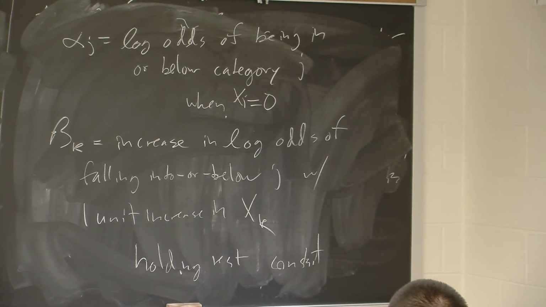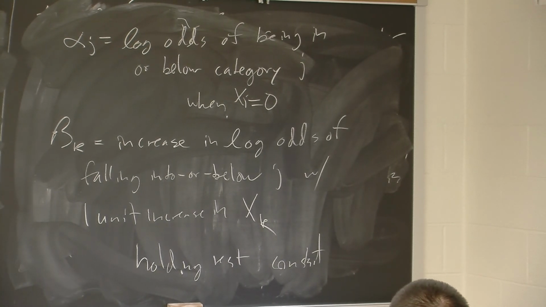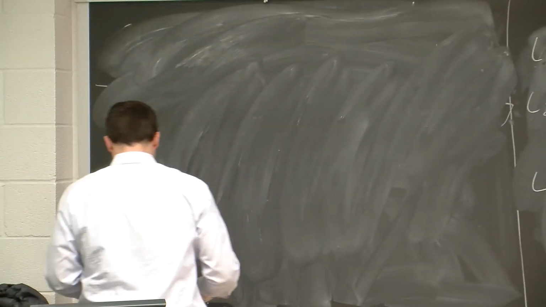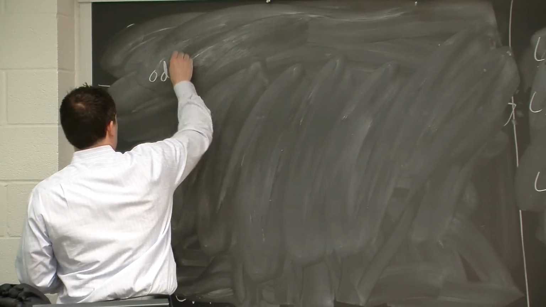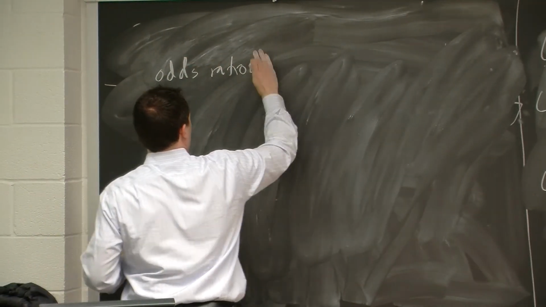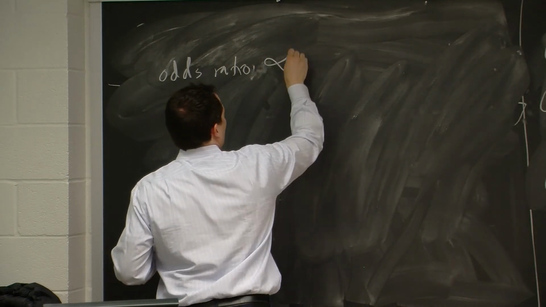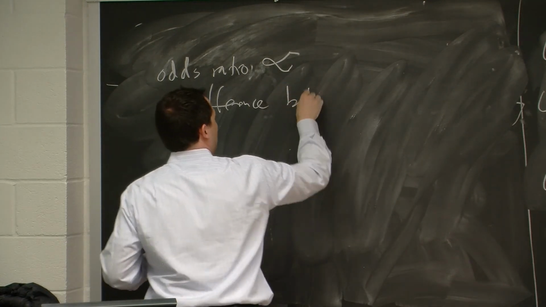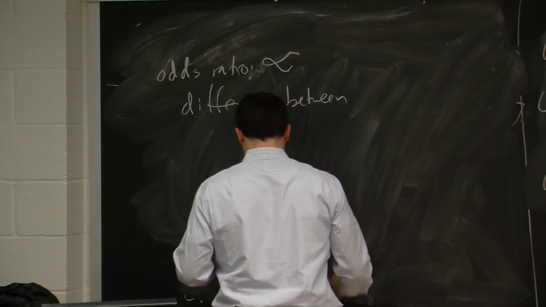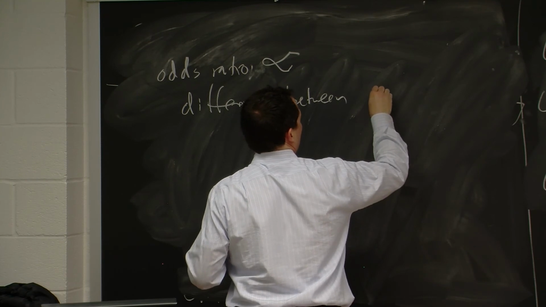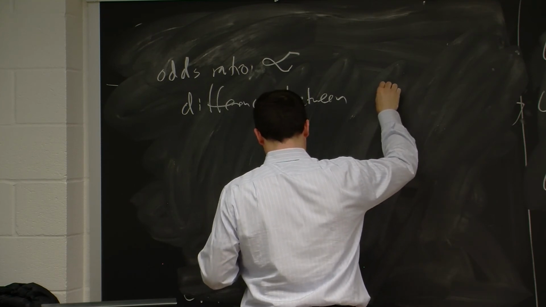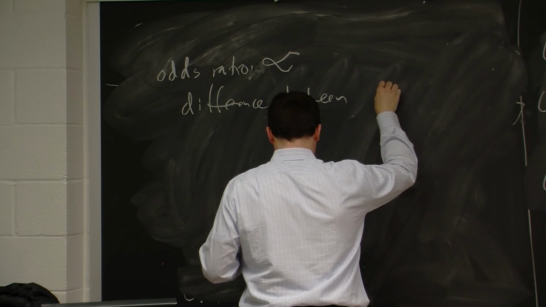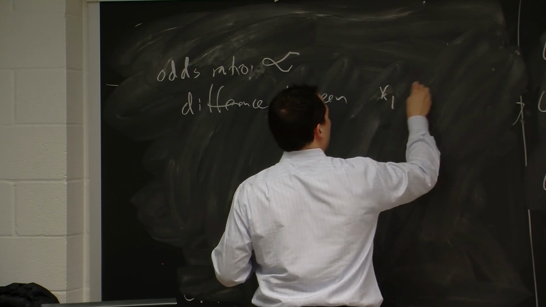Let me say one other way of saying that. The odds ratio is proportional to the difference between the outcomes, for x between x1 and x2.